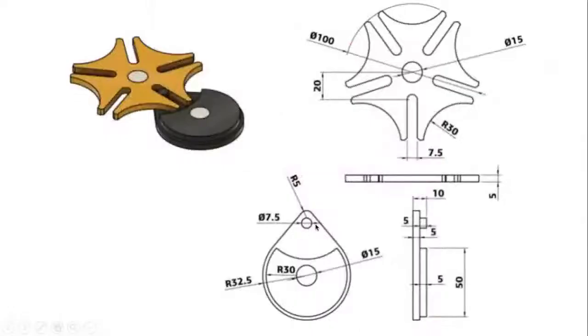Now we have to build the second component, that is the follower cam, which pushes the motion of the follower. For this I would like to use the reference of our previous sketch.